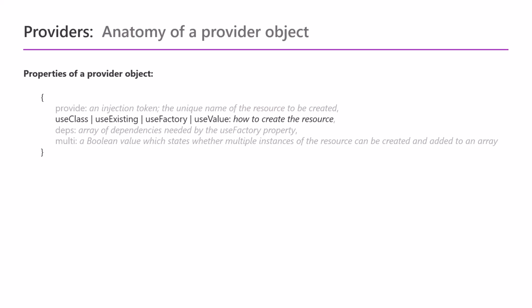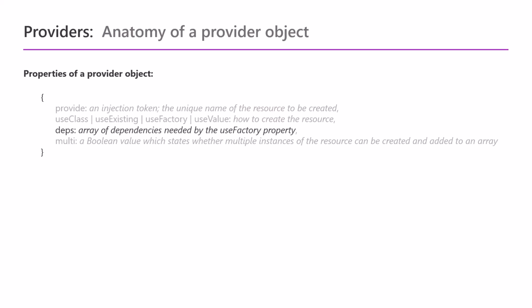We use the useFactory property when we want to create our resource using a factory function. And a factory function is simply any function that returns a value. That value can be a primitive value, or it can be a reference value, like an object or a function. We use the useValue property when we want to create the resource from an actual value.